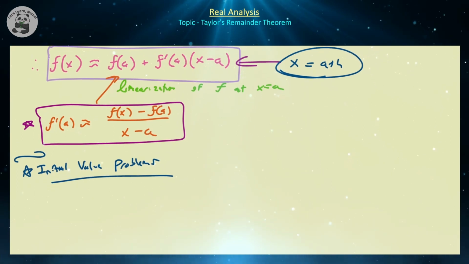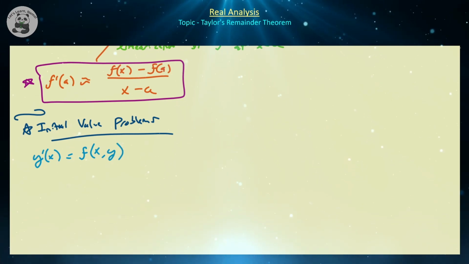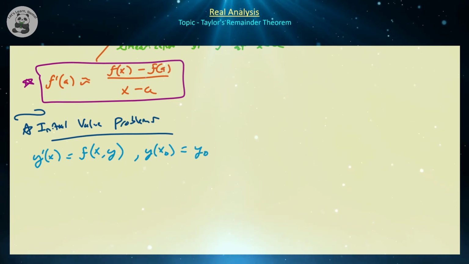So let's assume that we have some differential equation, y prime of x equal to some functional relation f of the independent variable x and the unknown function itself, y. And let's assume that we have some initial condition y of x0 equal to y0.